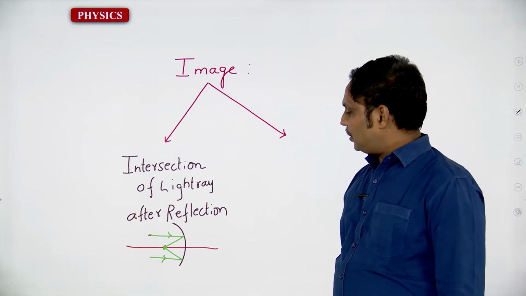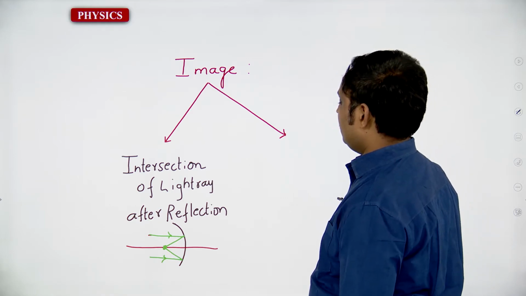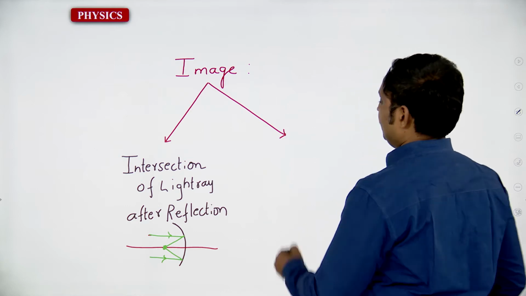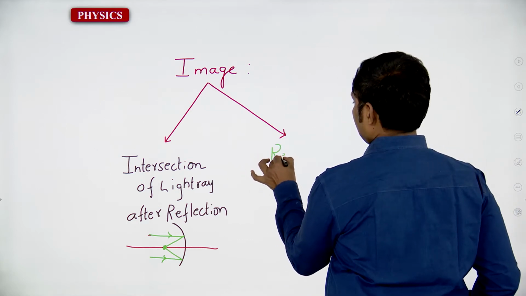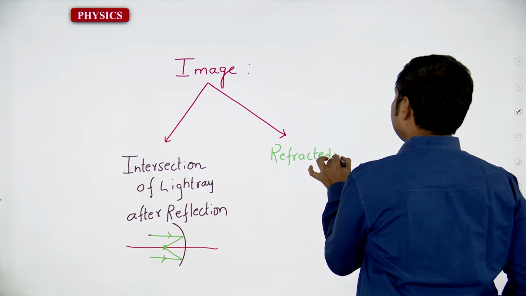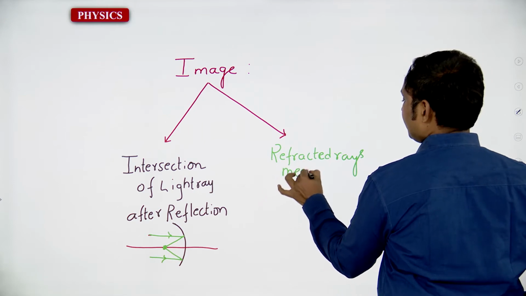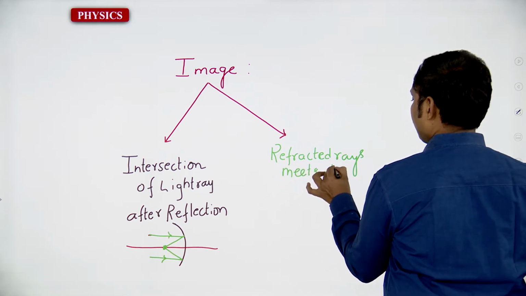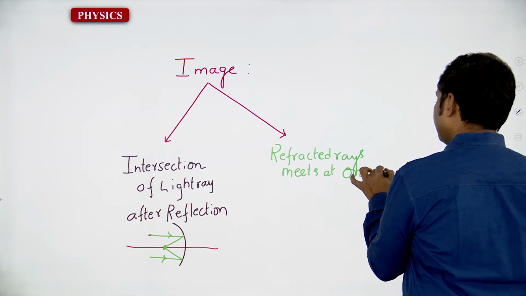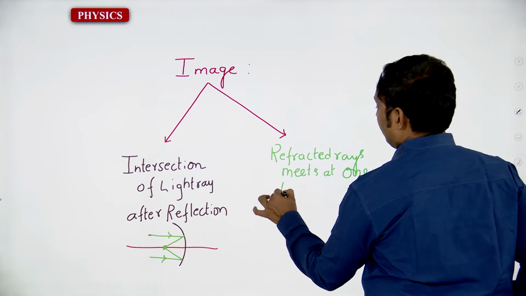So, if you identify refraction also, due to the refraction, the refracted rays meet at one point and form the image.